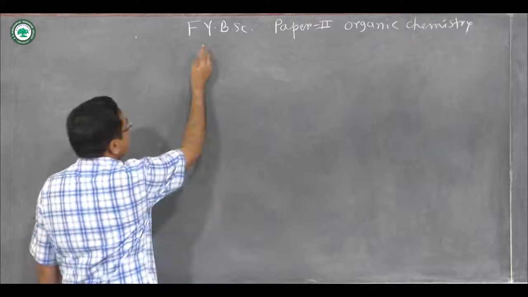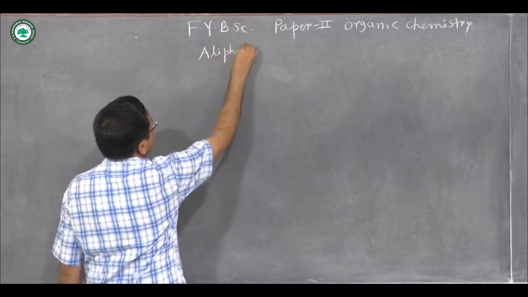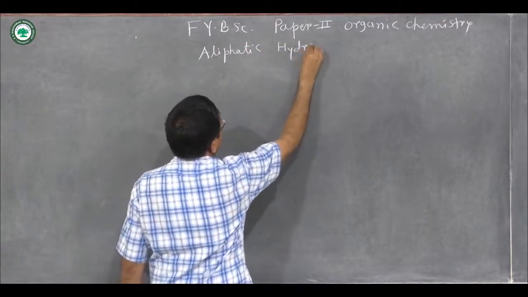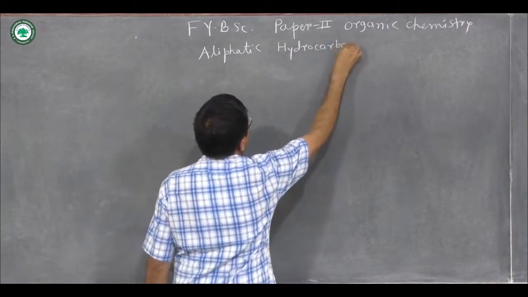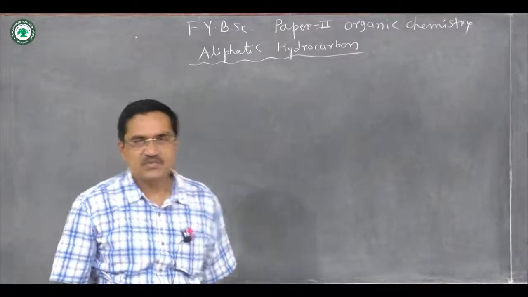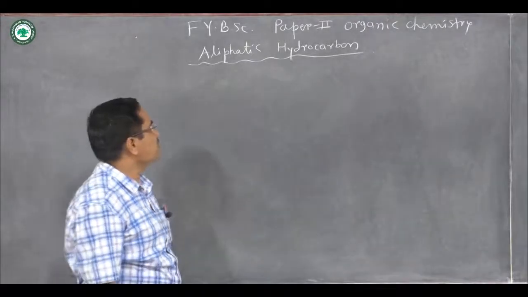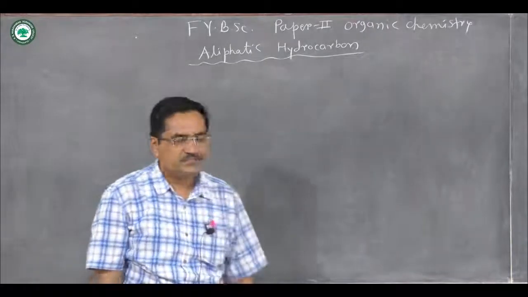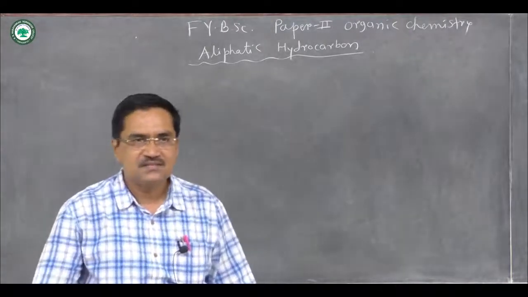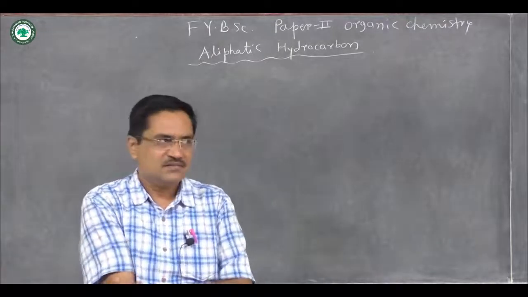The name of the second chapter is Aliphatic Hydrocarbon. And last period we already discussed some properties of alkane, their IUPAC nomenclature, as well as primary, secondary and tertiary alkane.